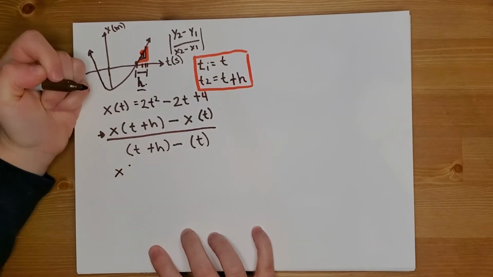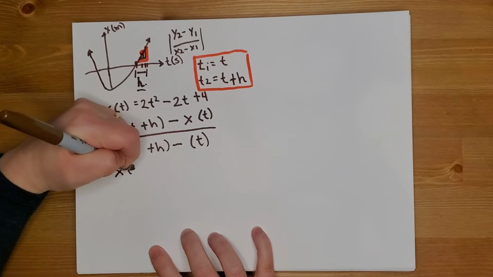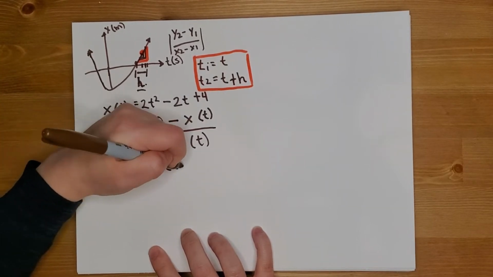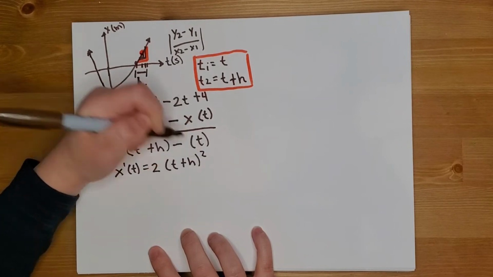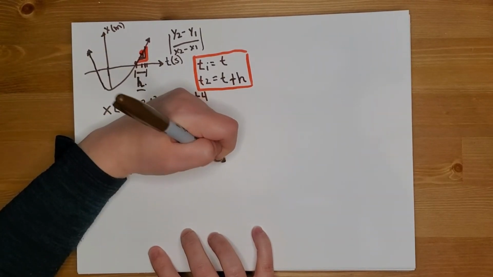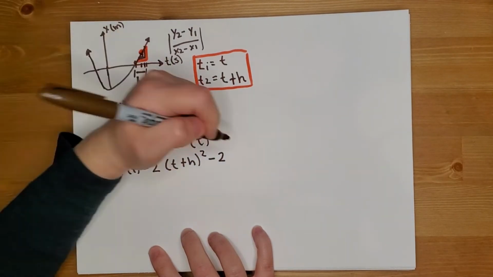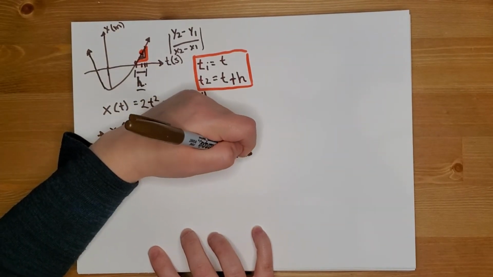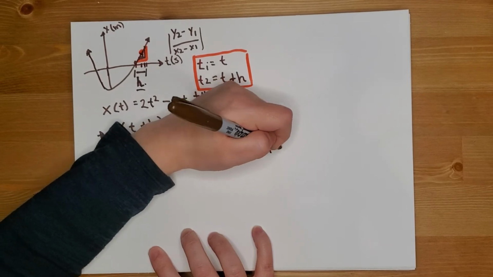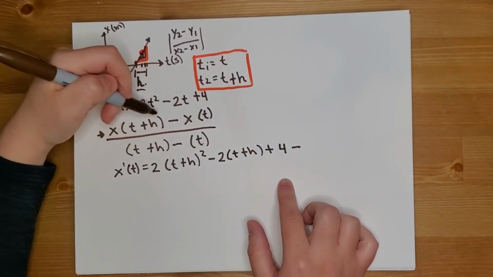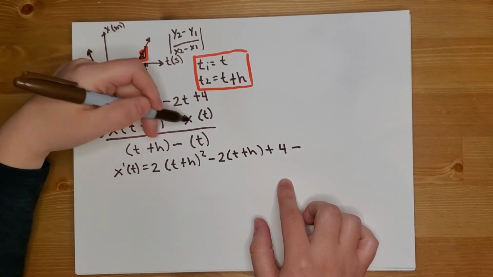So we have x prime of t equals 2 times t plus h squared, minus 2 times t plus h, plus 4. All of that I have to minus the same thing again, but just with t.